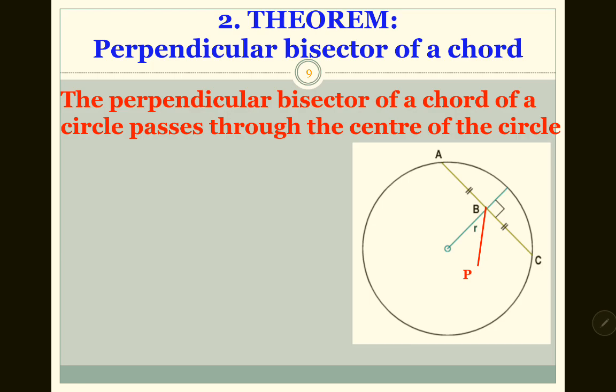We can draw it from B to P, right? Then we're going to say this line does not pass through the center as I've drawn it there. So the plan here is to prove yourself wrong, that, wait, this cannot be a perpendicular bisector, right? But you'll understand as I explain.